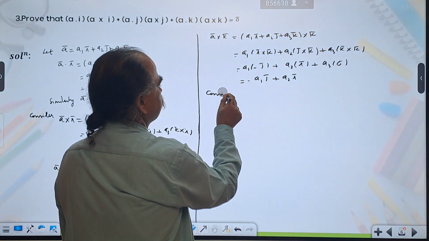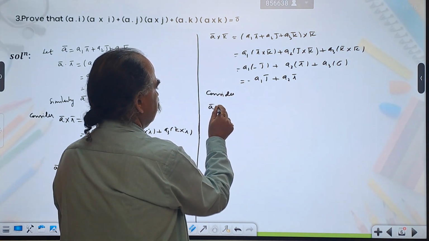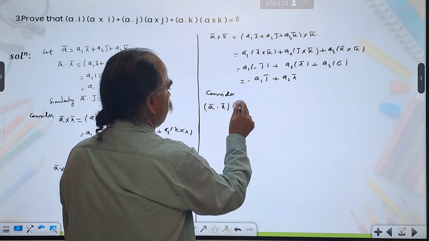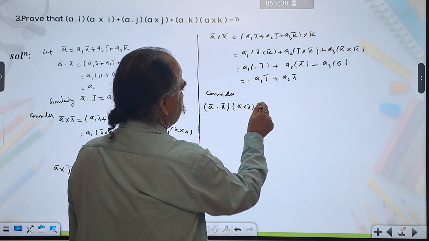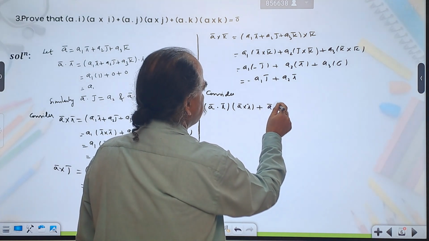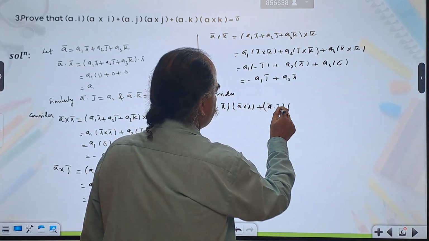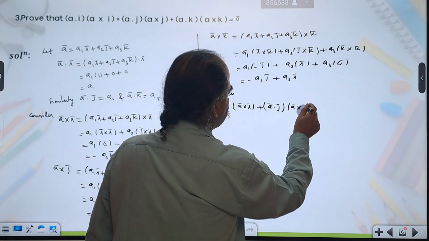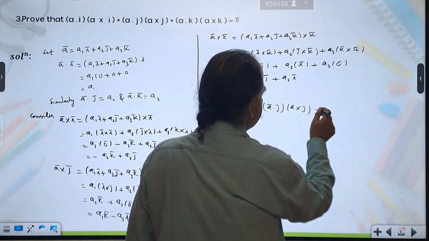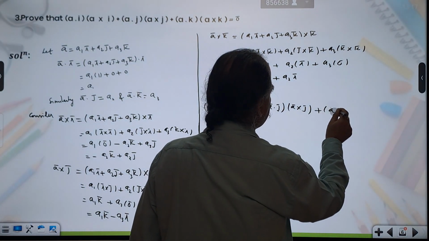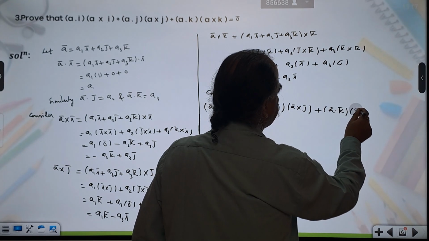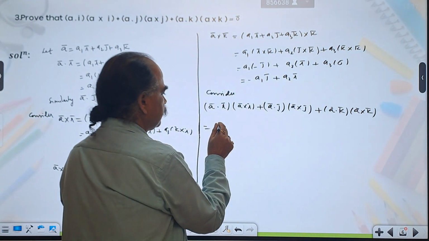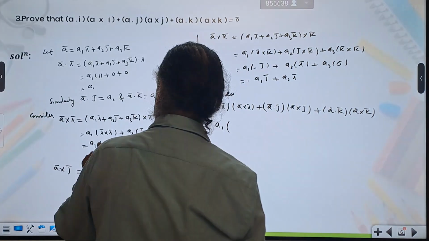Now whatever we have to find out, we will take. Consider (a dot i) times (a cross i) plus (a dot j) times (a cross j) plus (a dot k) times (a cross k). a dot i is what? A1. And a cross i is what?